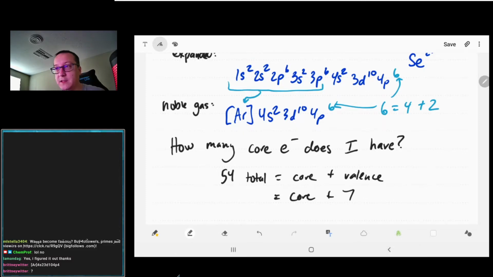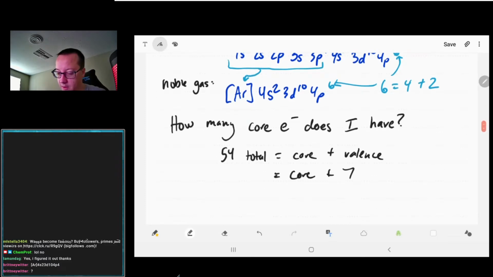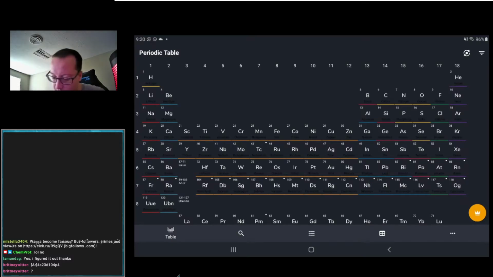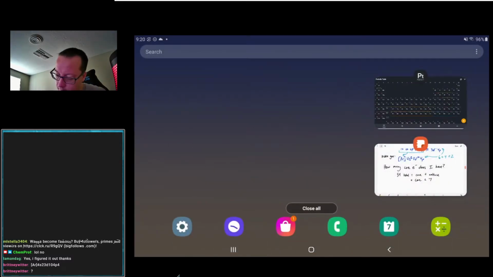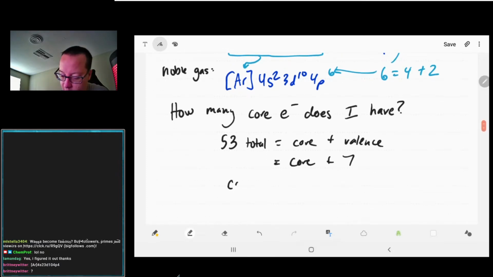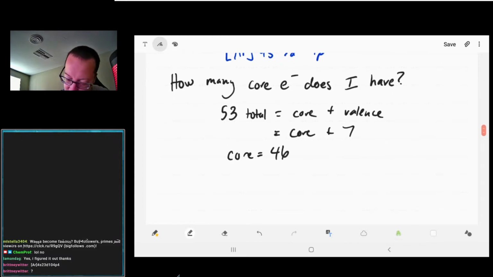So if we know we have 7 valence electrons, we can... Actually, it's 53, isn't it? I don't know how to copy numbers. It is 53. Okay. So that tells us that the core electrons overall should be 46. Hooray!